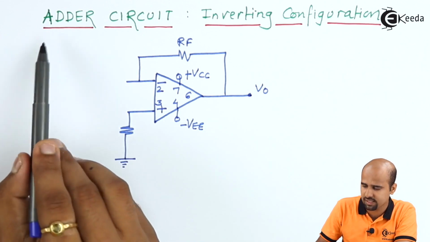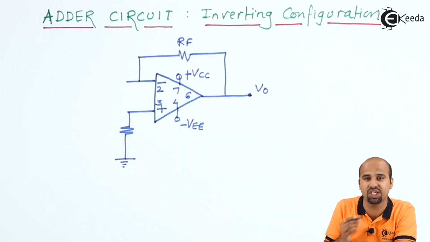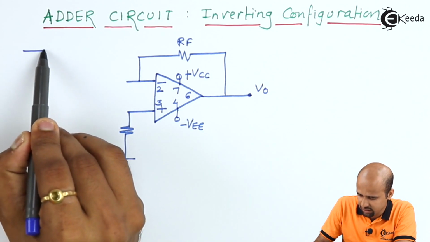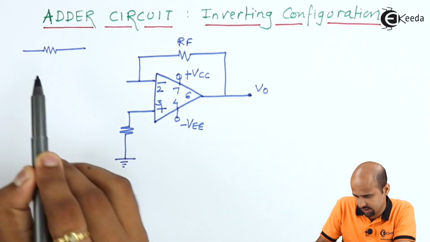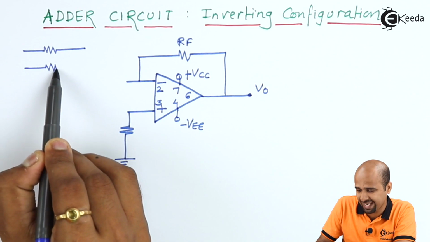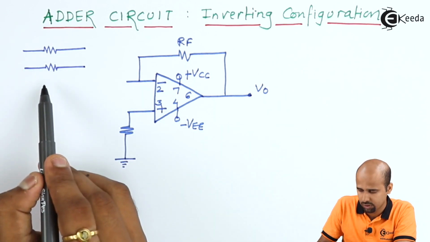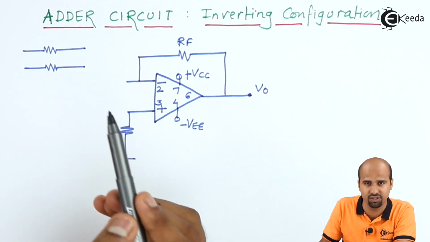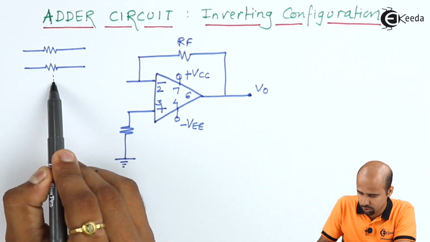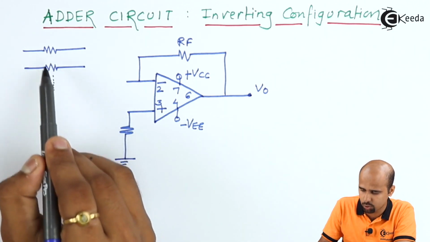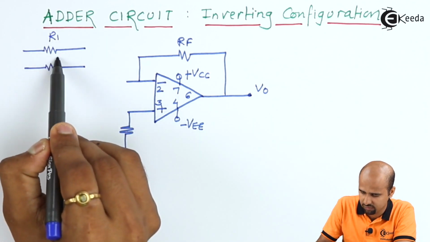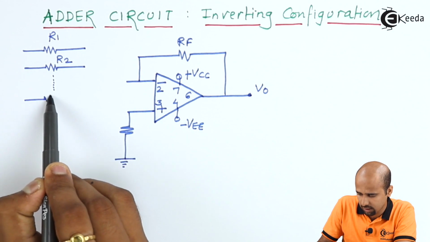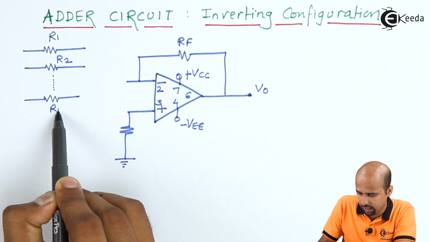Now the question arises, in the adder circuit, what change do I have to make? I have to have n number of input resistances. N can be any integer value. It can be 100, it can be 10. So here I will represent two resistances, R1, R2, and another Rn.